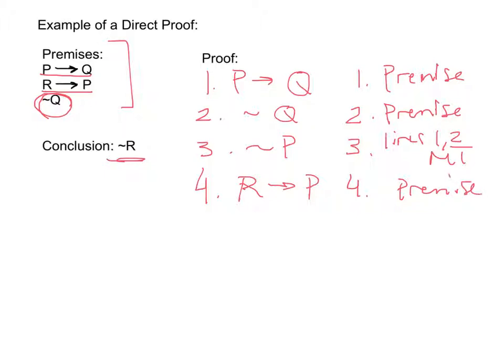And now we can do the same thing again, where we conclude that therefore not R, using lines 3 and 4 and MT again. And now we've proved the conclusion of not R.